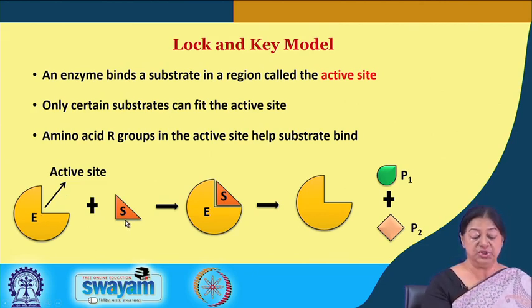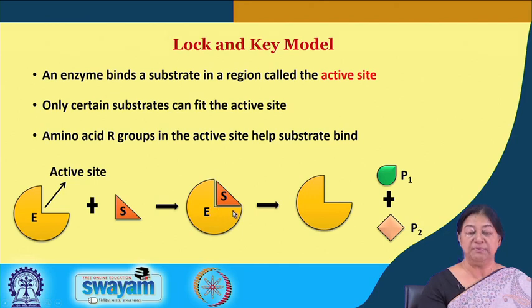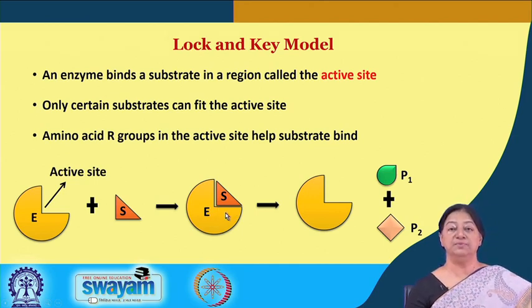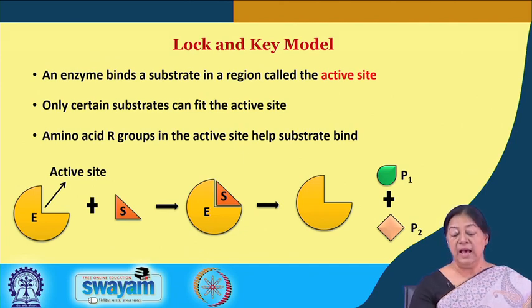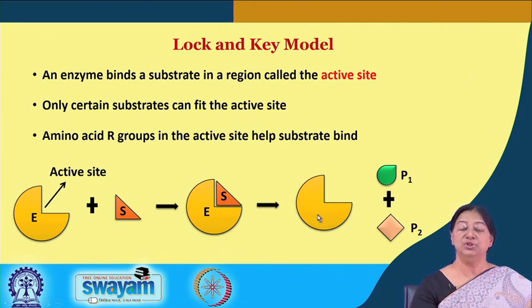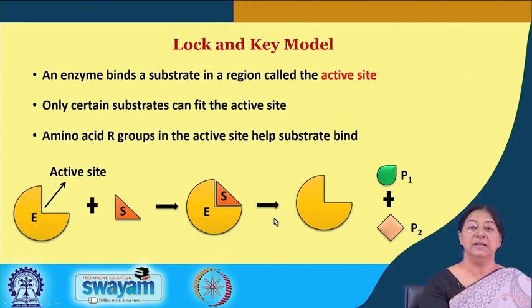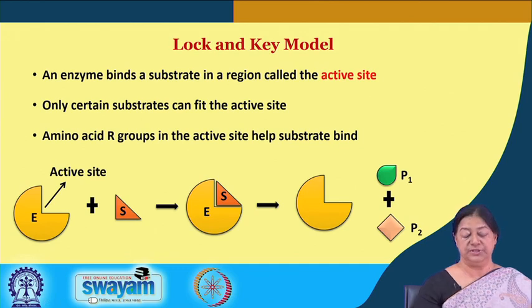The substrate is shaped so that it fits into the active site of the enzyme perfectly, and the amino acid groups present here will fit the substrate in a manner that allows for chemical complementarity as well. Once we have the product formation, the enzyme is back to its original form, which can bind the next molecule of the substrate.